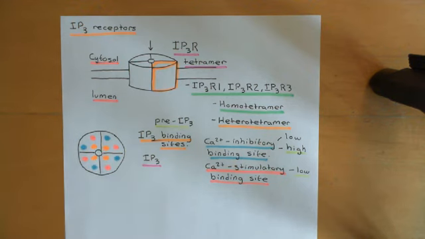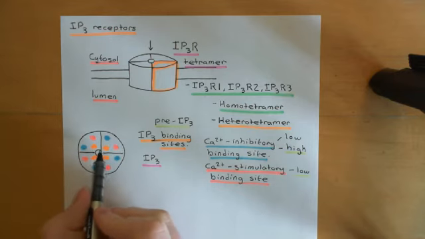And it's not clear as to whether you need IP3 to bind to all 4 of the IP3 binding sites of the IP3 receptor. However, to keep this simple, let's imagine that all the 4 of the IP3 binding sites need to get IP3 bound to them.